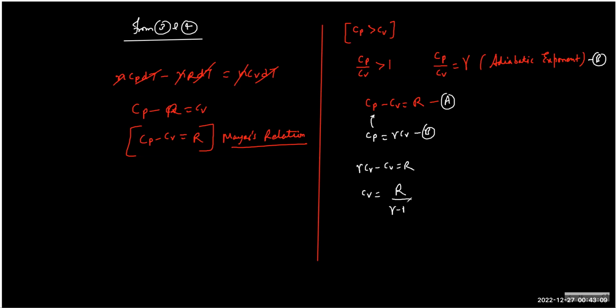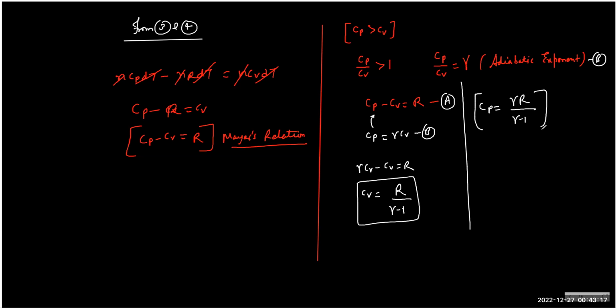R by gamma minus 1. Simple. And Cp will be how much? Gamma times Cv. So can we write Cp equals to gamma R by gamma minus 1? Yes. Why we are writing this, we'll come to. So we are writing it to get the next formula.